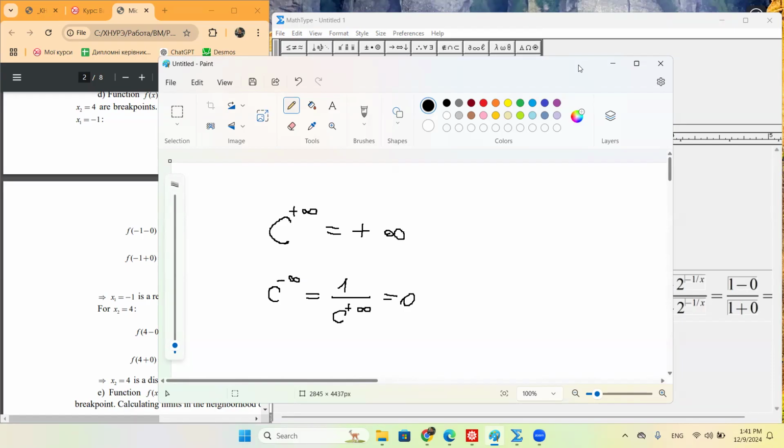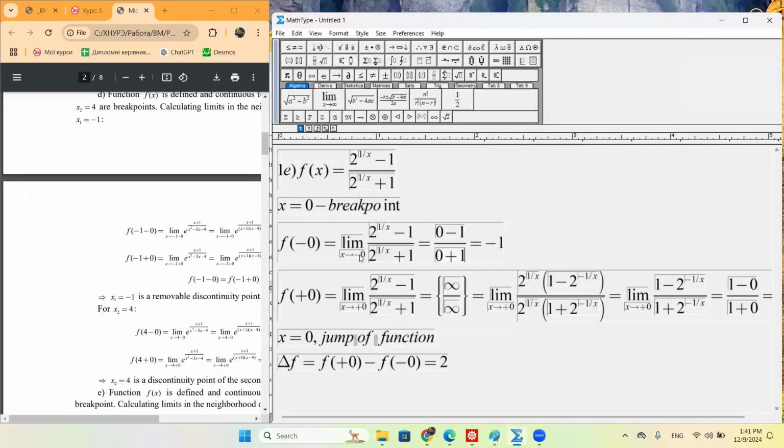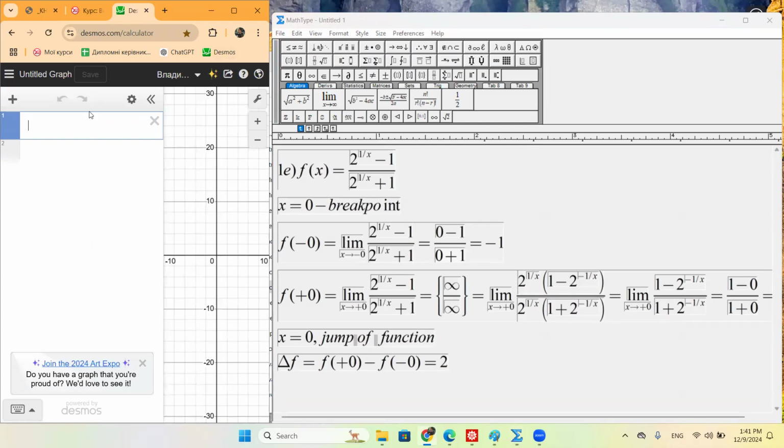Yeah. And so instead of plus 0, minus 0, you can just substitute some very small values. For example, let me calculate here. Okay, so 2 in power of minus infinity.